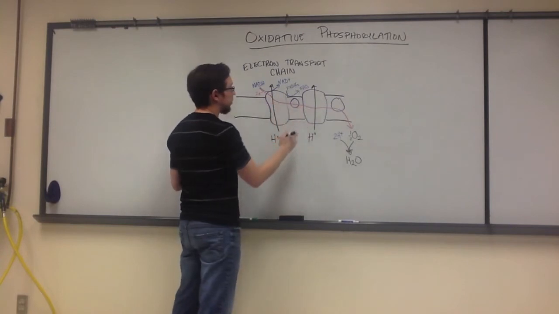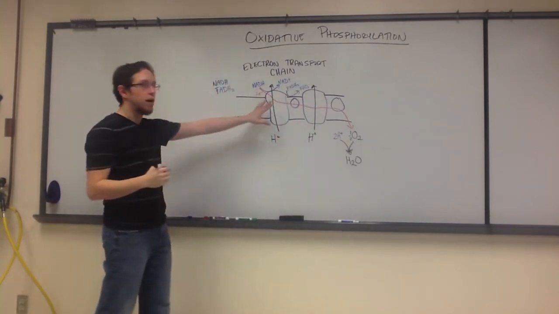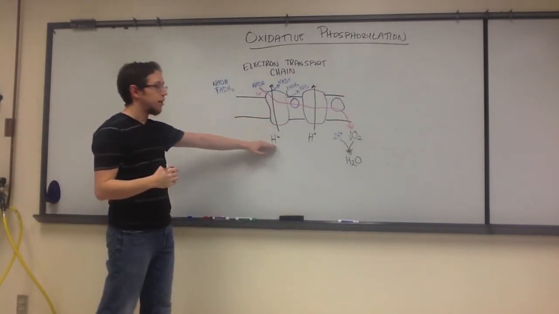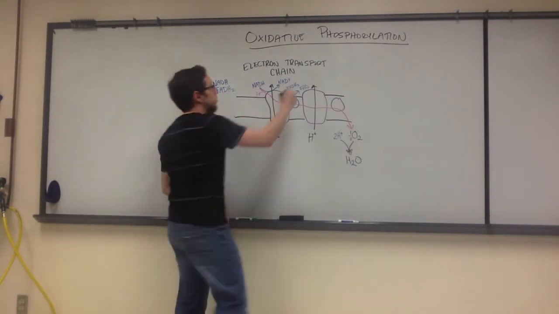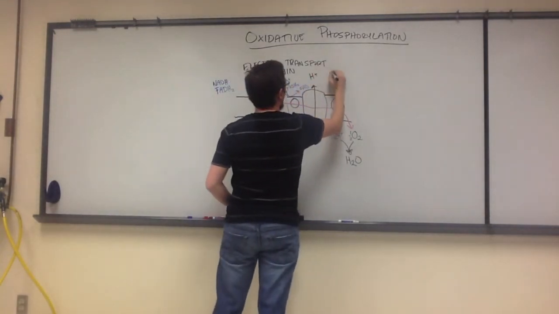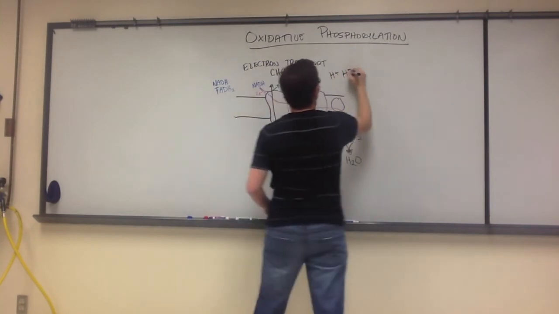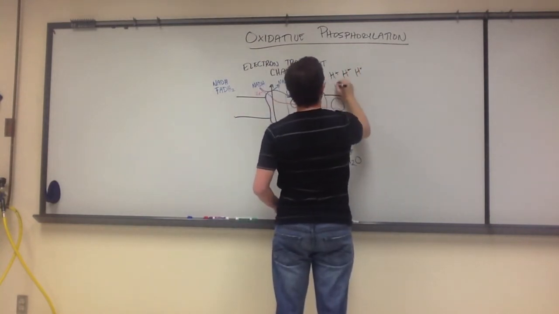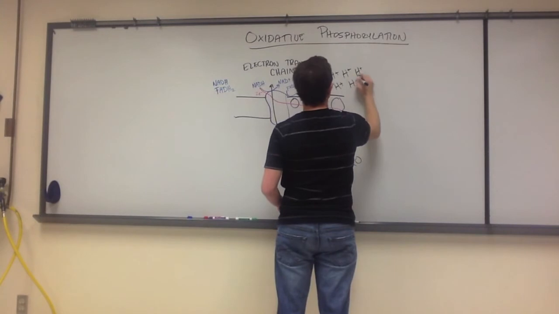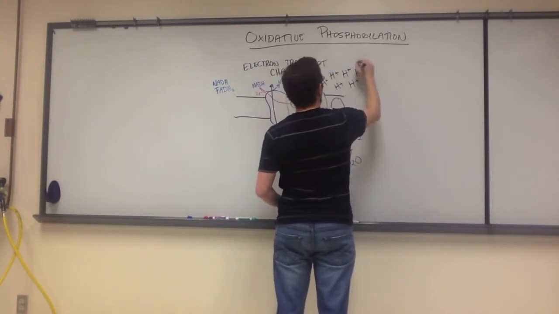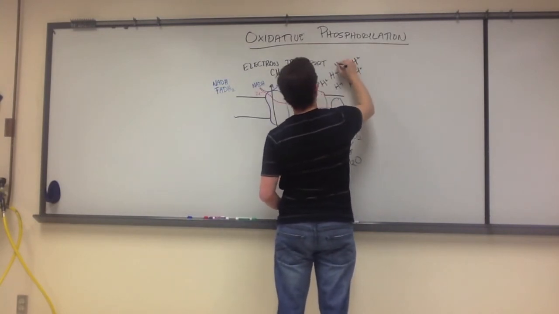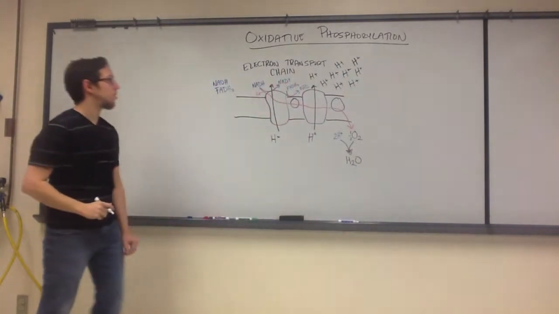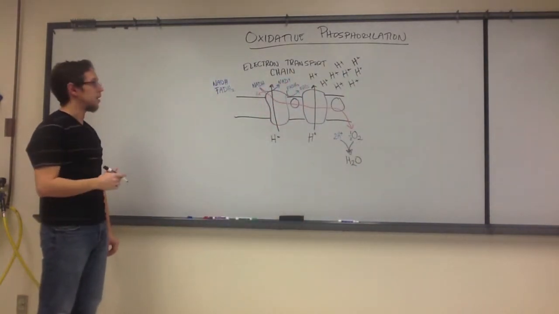As they move through these protein complexes, they give the protein complexes a negative charge and attract protons, which results in the pumping of protons across the mitochondrial membrane. What this does is it generates a gradient of protons. So we have a really high concentration of protons on one side of the membrane compared to the other.